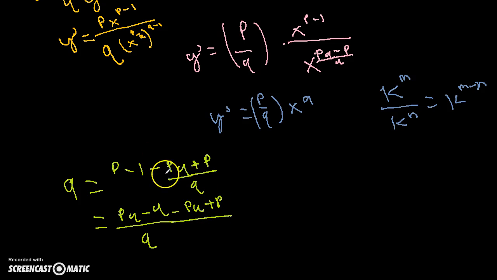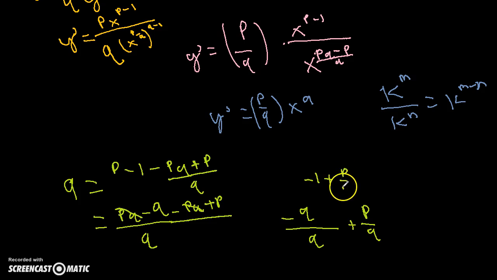Remember, minus a negative is just a positive, so we can cancel those. It's now negative q over q plus p over q. That's just going to equal negative 1 plus p over q, or just p over q minus 1. So that's what a is equal to. So a equals p over q minus 1.